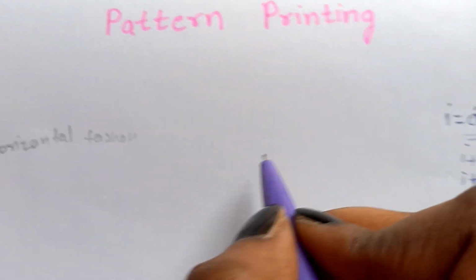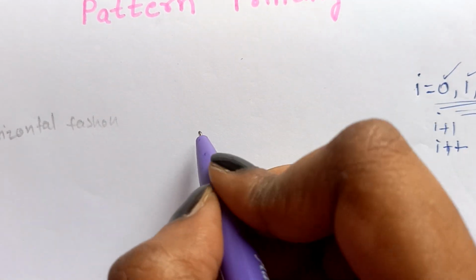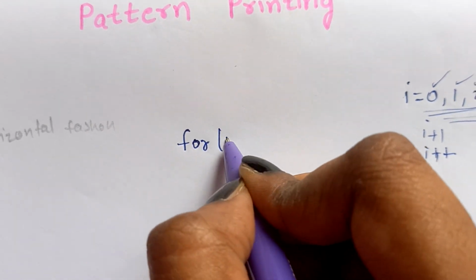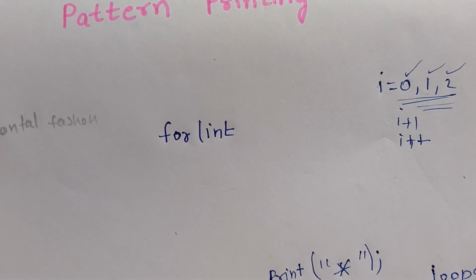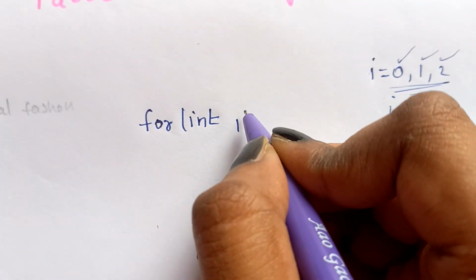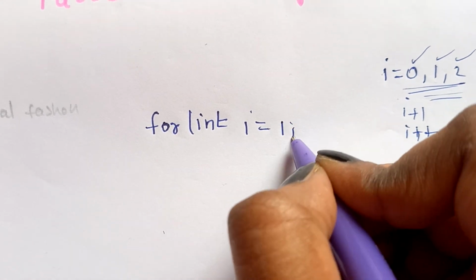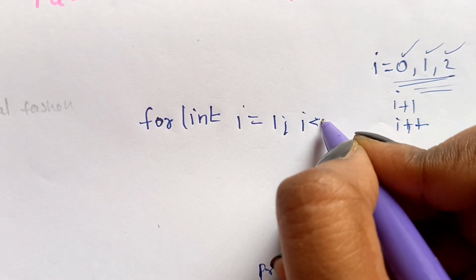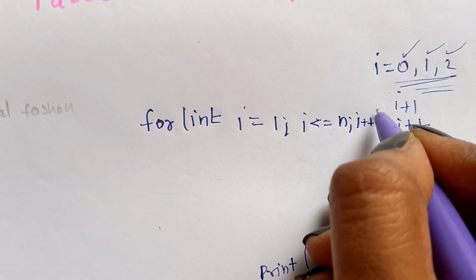So to print this in horizontal way, we generally use a logic like for int I is equal to 1; I is less than or equal to n; I plus plus.